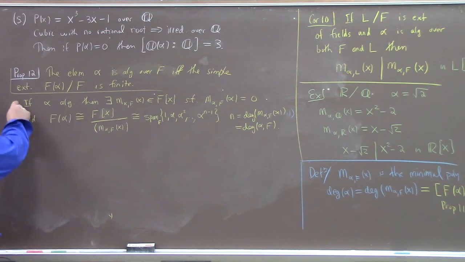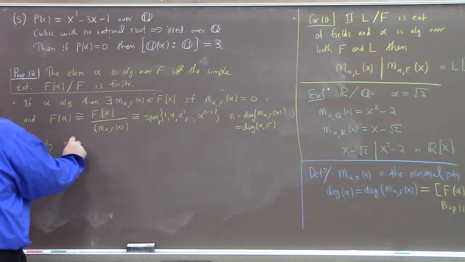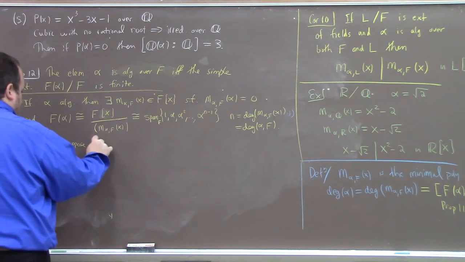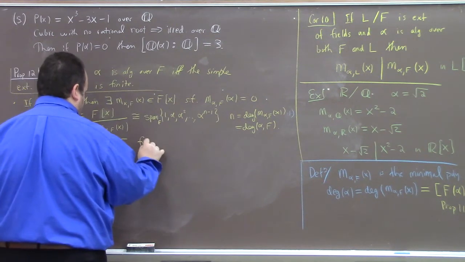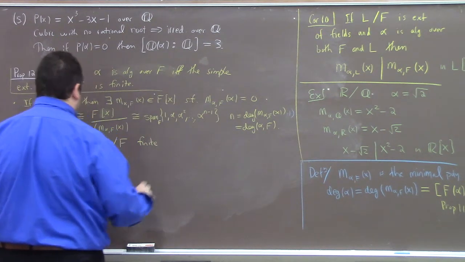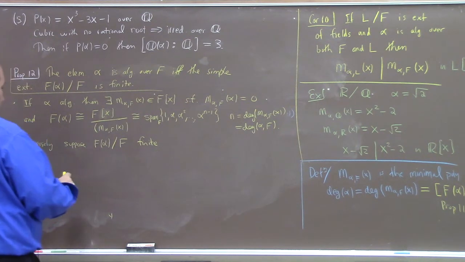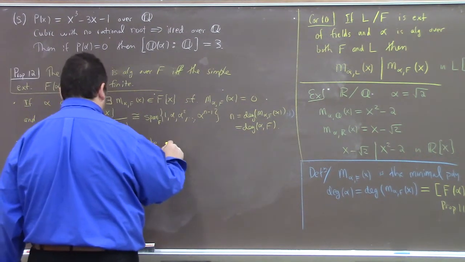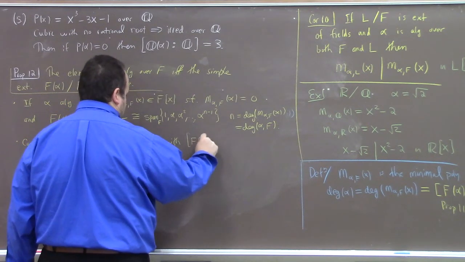Conversely, suppose F(alpha) over F is finite, and we'll let the dimension of it be n again.